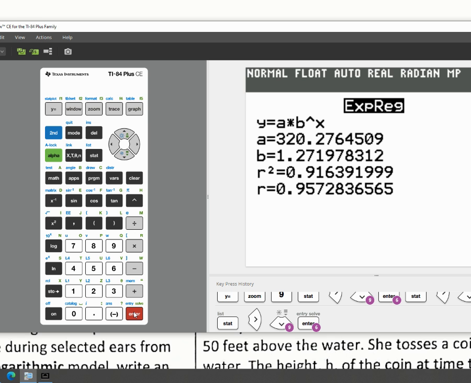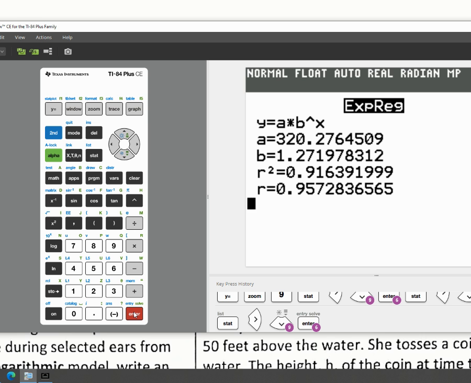So here it is. Let's go write our equation. So y equals A. What's A? Let's round to 2 decimals. That's going to be 320.28, open parentheses.